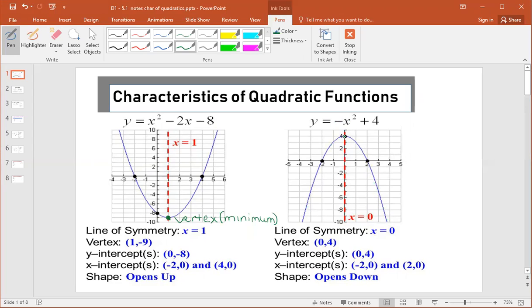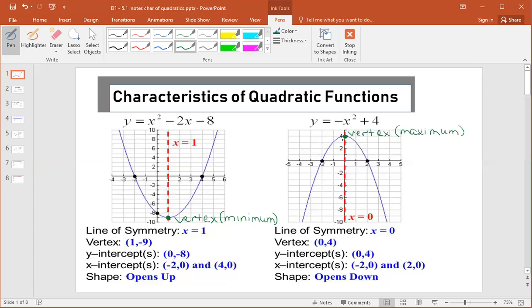So that means our line of symmetry is x equals 0, because it is sitting on the y-axis. So the vertex, this point right here, is our vertex. One more time, let's write that in there so we can see that. This is the vertex, and because it is the highest point, it is a maximum point.